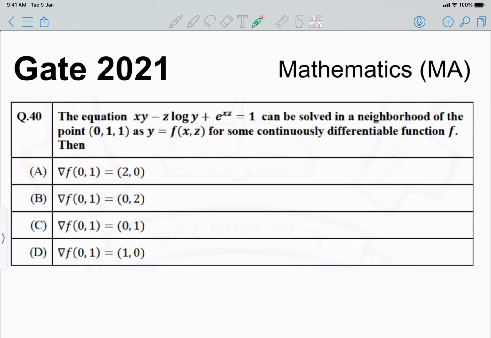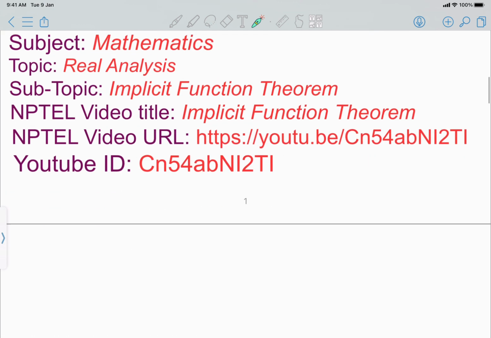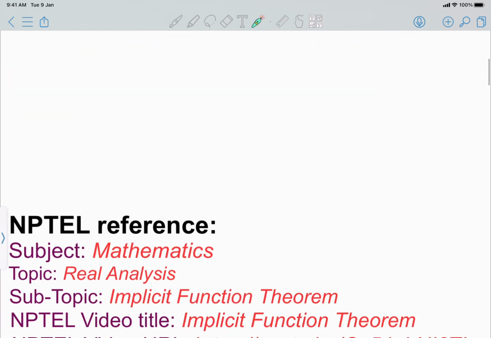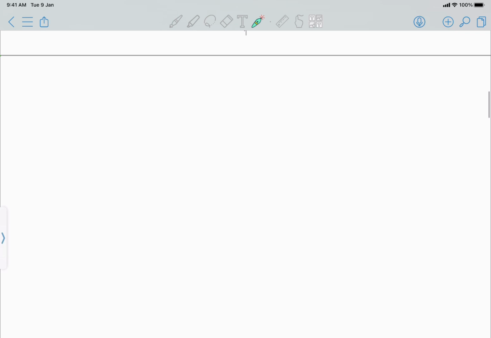So this implicit equation is saying that it can be solved in a neighborhood of this point, with y as a function of x comma z. So basically the implicit function theorem tells us when you can solve for one variable in terms of the others. Let me first write down the equation: xy minus z log y plus e to the power xz equals 1.